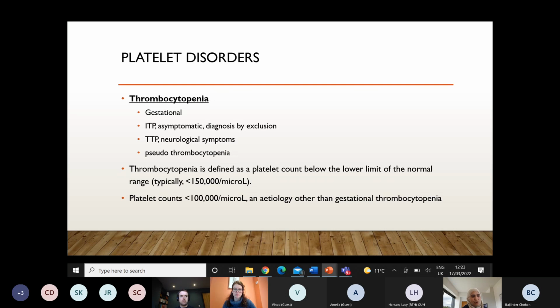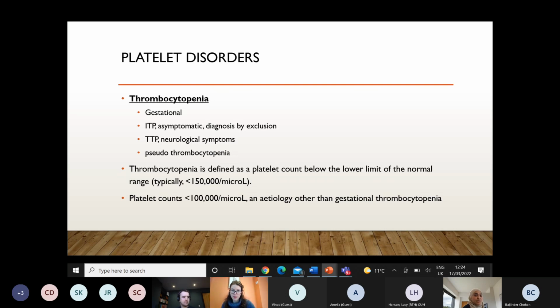I'm sure you all know thrombocytopenia in isolation can be due to many other causes. It could be infection, viral infections, or deranged liver functions. In late pregnancy, you definitely have to think about preeclampsia or HELLP syndrome.